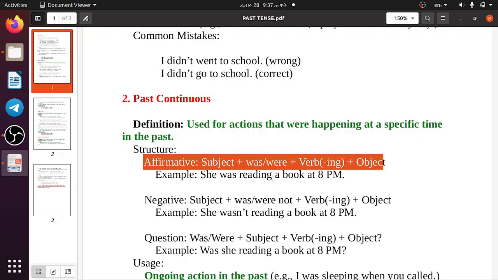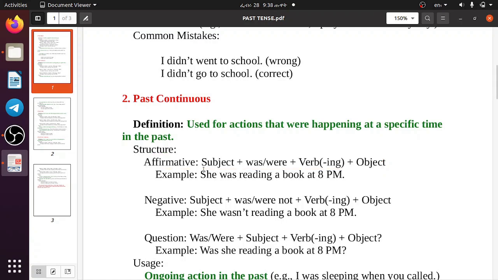Was and were are the past form of verb to be. There are two verb to be, is and am, and are. This is in present tense. When we change this present tense to past tense, was, were.